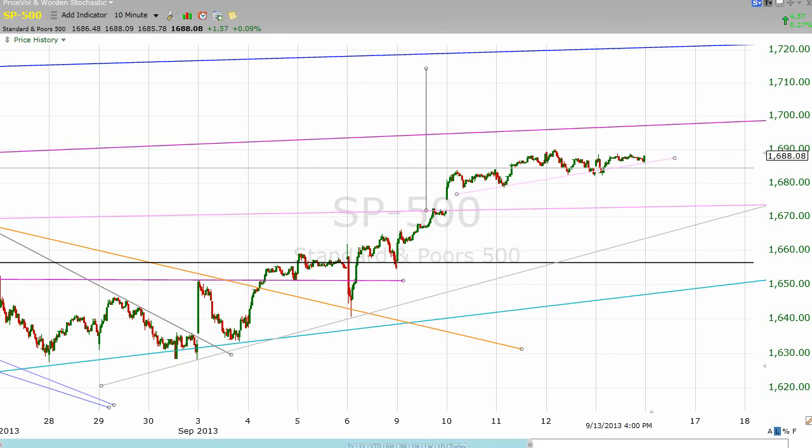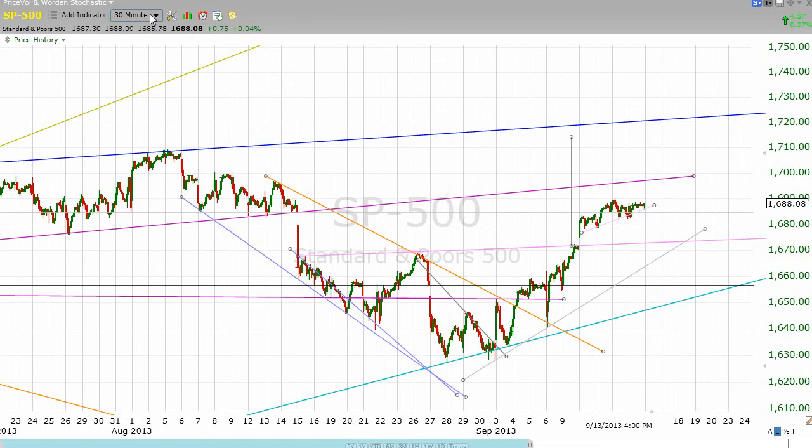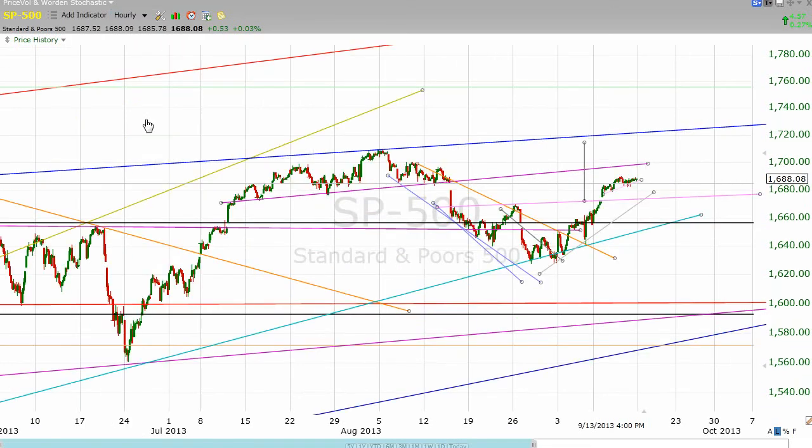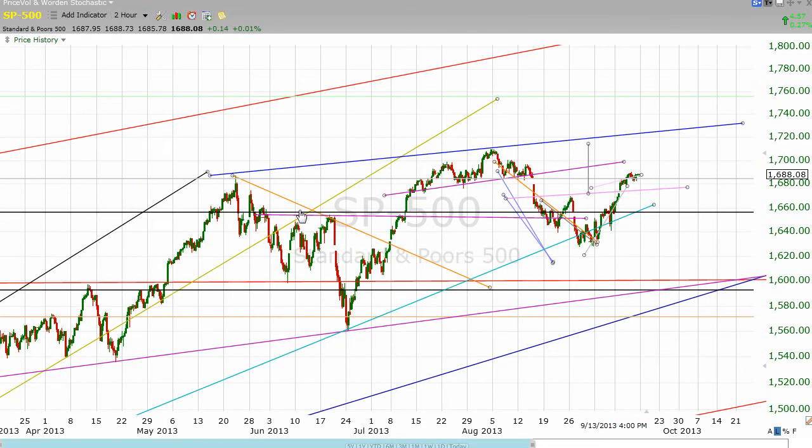So, this line is probably going to produce some support. This line might produce some support. This line will probably produce some resistance. This line will probably produce a stronger chance of resistance because it actually has a fairly decent history to it. I think we've got to go back to our 2-hour chart.